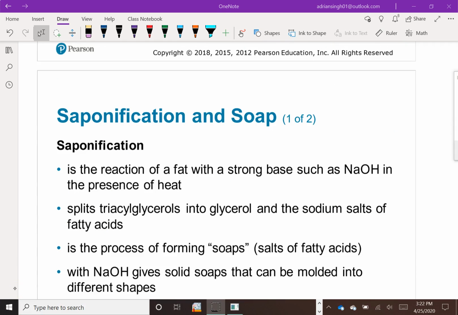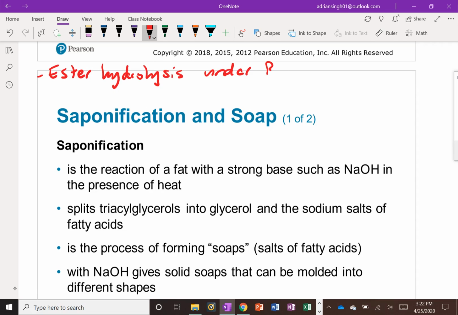We also saw that hydrolysis of esters could be completed under different conditions. So for instance, ester hydrolysis under basic conditions, using a strong base, for example.